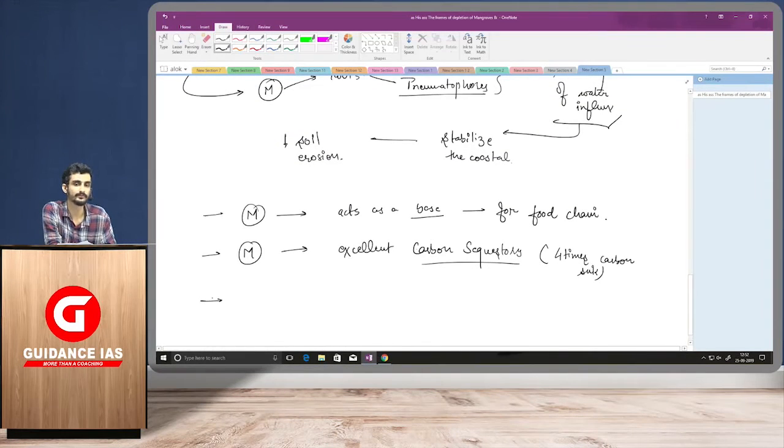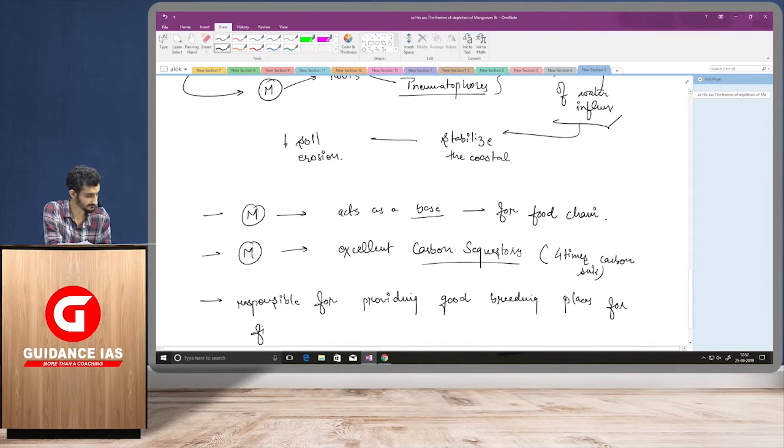And also if you talk about the human perspective in geography, you can add that they are responsible for providing good breeding places for fisheries, etc., and also for other livelihood needs of the coastal community.